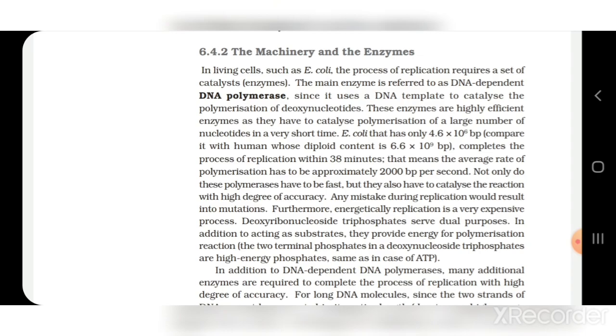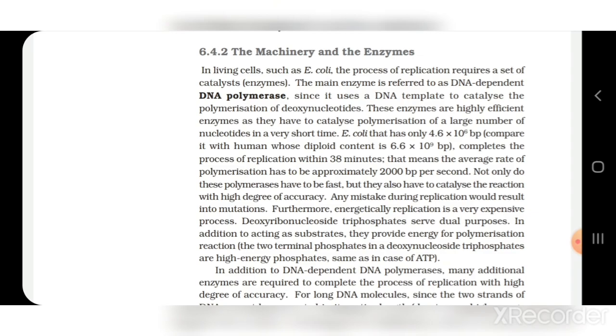The primase helps in the formation of a primer. A short primer is usually formed. And most importantly, DNA polymerase, which can link free DNA nucleotides to form the complementary strand of DNA. And DNA polymerase always acts in the direction 5' to 3'. It can only act in that particular direction.